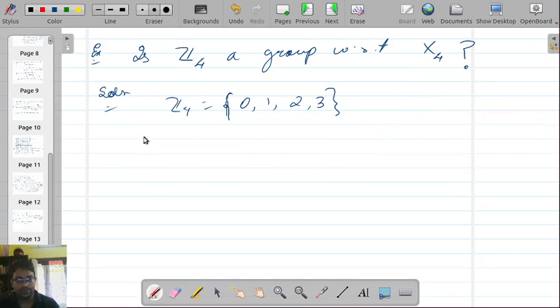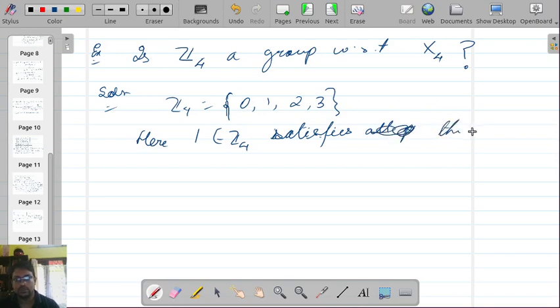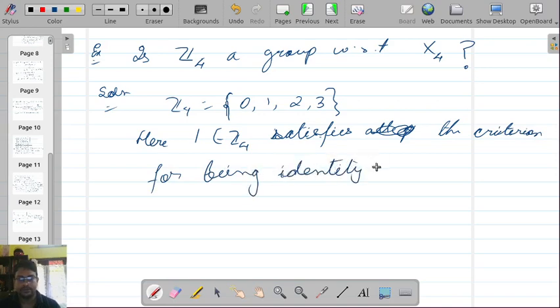So Z4 is not a group. Here 1 belongs to Z4 and satisfies the criterion for being the identity element, as 1 into a is equal to 1 into a mod 4. 1 into a is a only, so it's a mod 4.